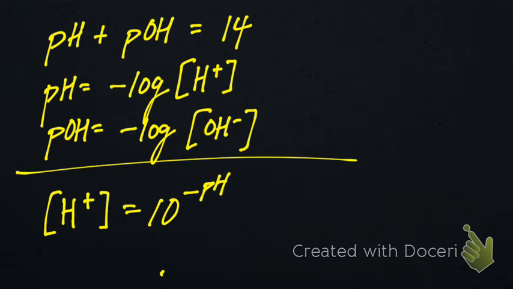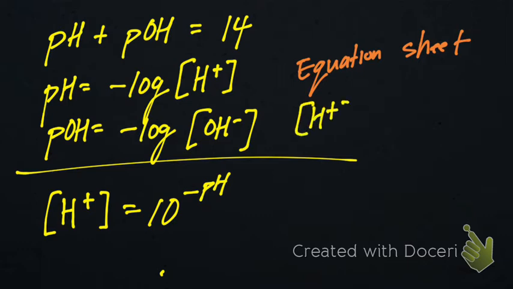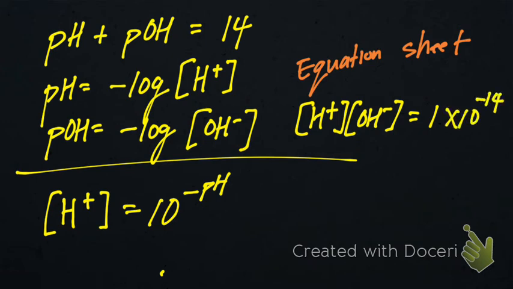These two are on your equation sheet. I think there's a couple other ones on your equation sheet too. They have H plus times OH minus is always equal to 1 times 10 to the negative 14. This is also known as Kw, the equilibrium constant for water.